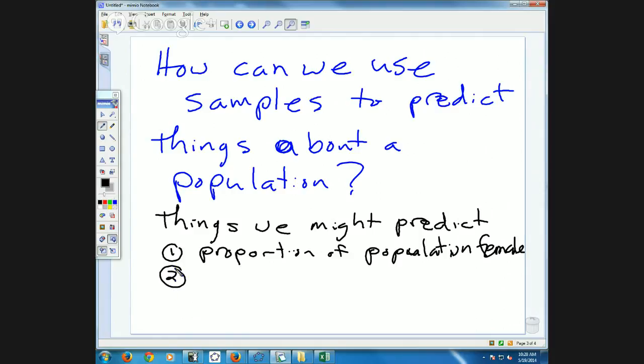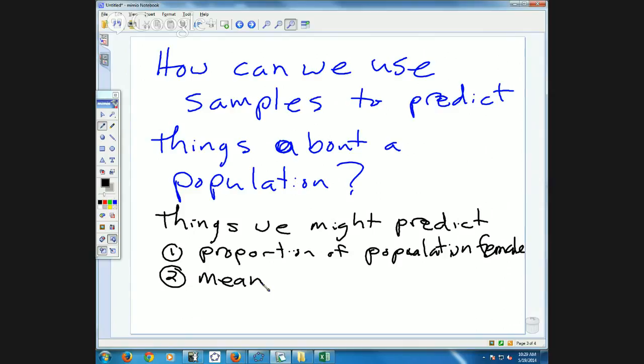Other things we might want to calculate. Now, there's all other kinds of proportions we might look at. I had a problem on the test the other day, proportion of green-eyed babies. I don't know why we'd be interested in that, but we were at that moment. But proportions are one big thing. What percent of the population fits a certain characteristic? Other kinds of things we might want to know is what's the mean of some measurement?